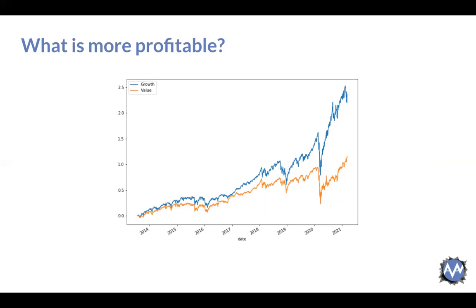However, last decade, the growth stocks outperformed the value stocks by far. But when you look at individual stocks, the result may differ greatly because you could invest in a value stock that can outperform many growth stocks.